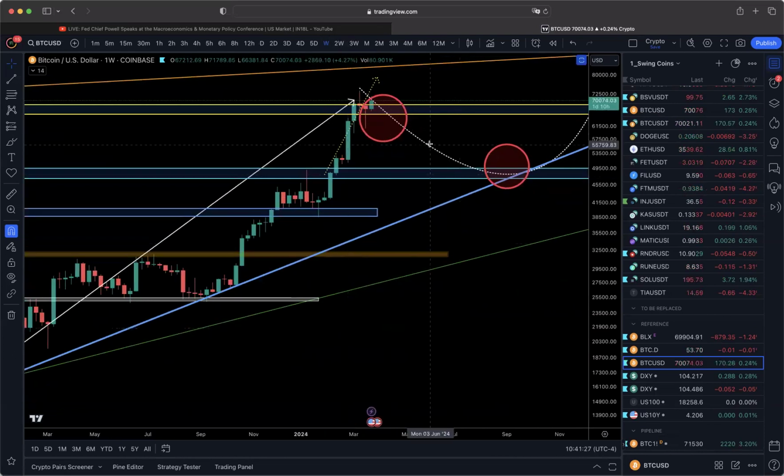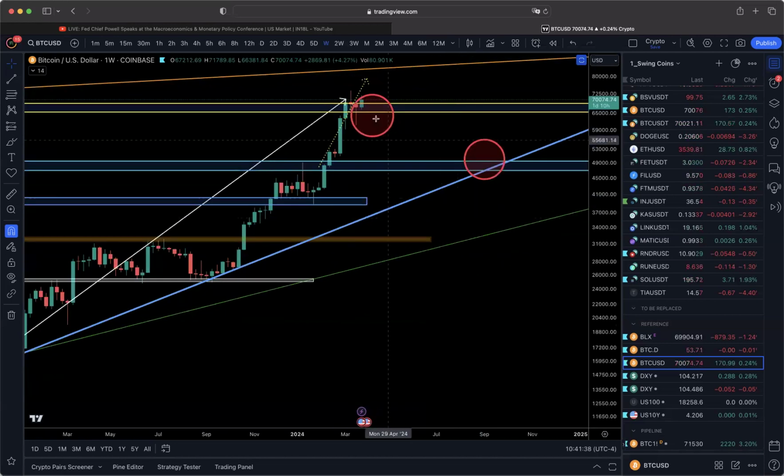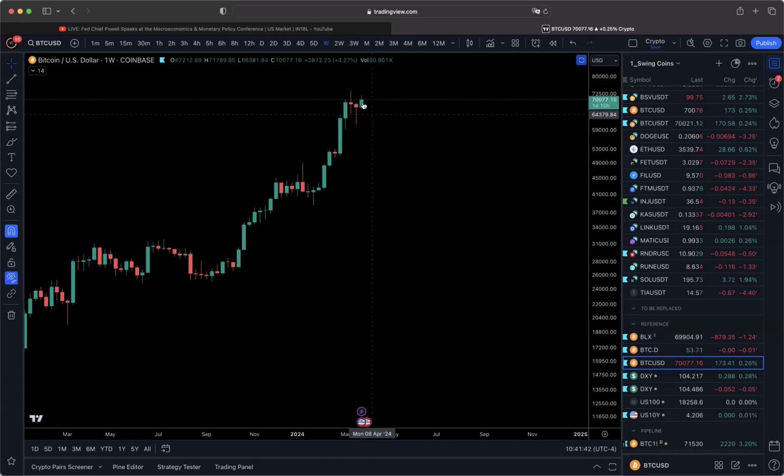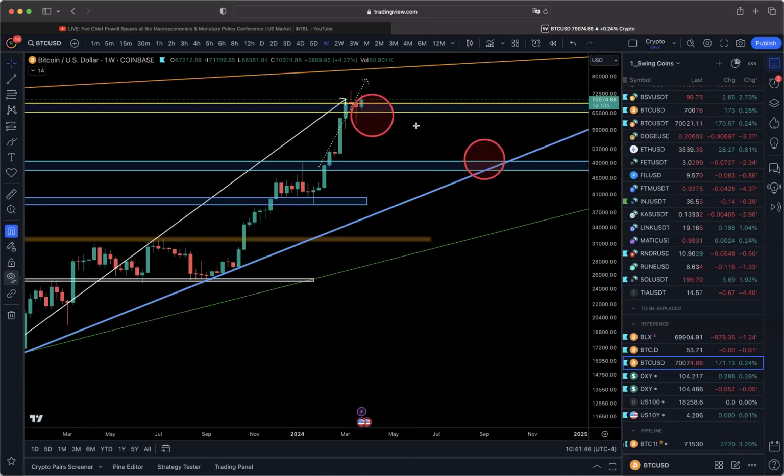So now I think we don't need this arch, because we said this circle is likely to provide the bounce and then goes up. So right now, on this weekly, if I hide this, you can see this is a nice green candle. This was a dip last week, and now this week it looks nice.